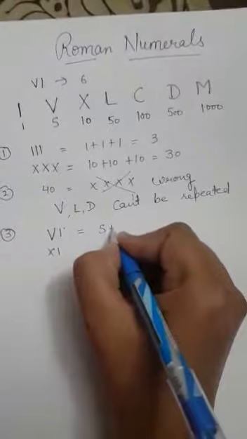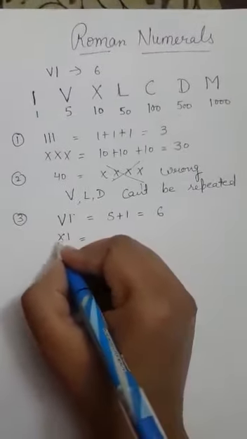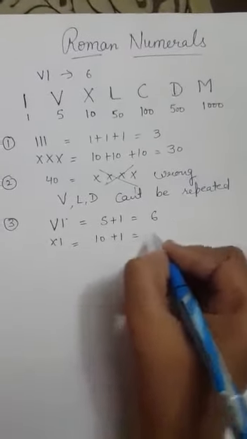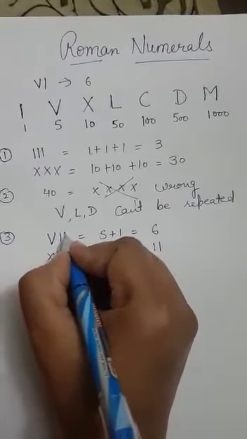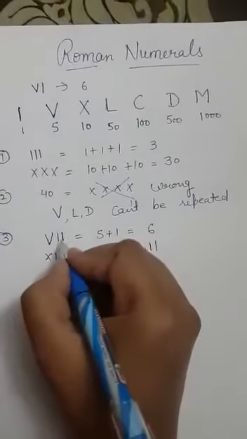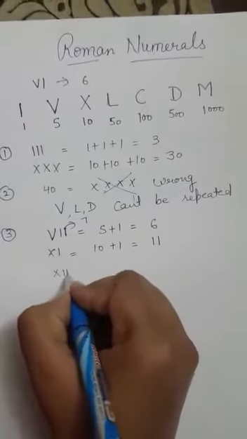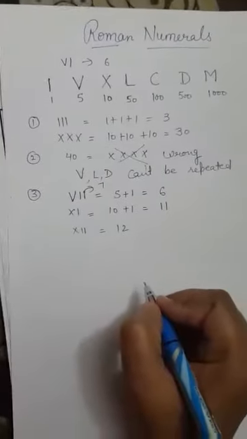That means 5 plus 1, that is 6. Here it's 10 and 1, that means 10 plus 1, that is 11. If you write another I here, it will become 7. If you add one more I, it will become 12. Right?